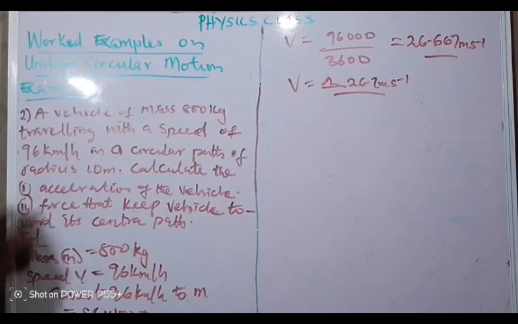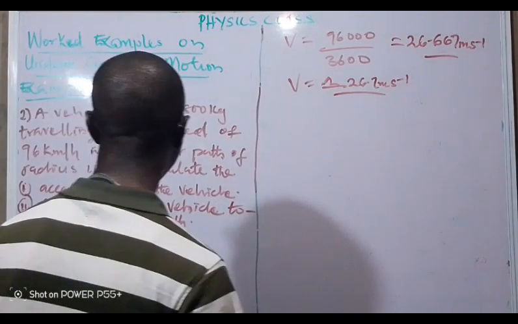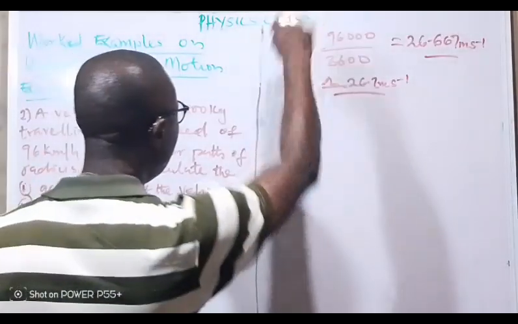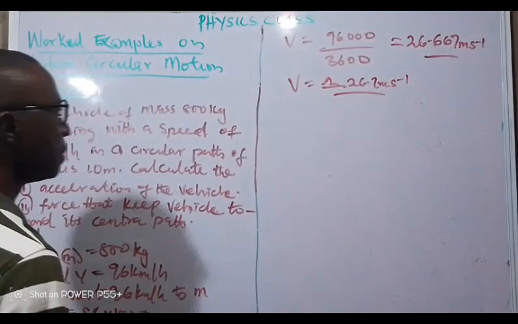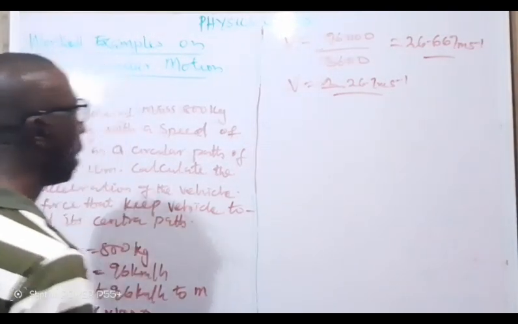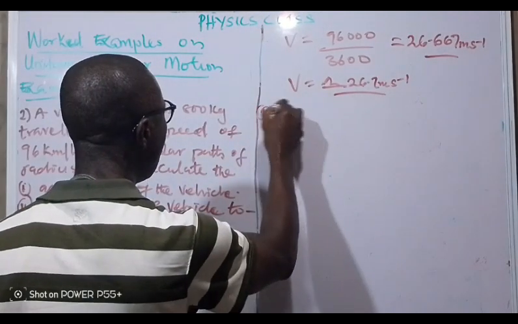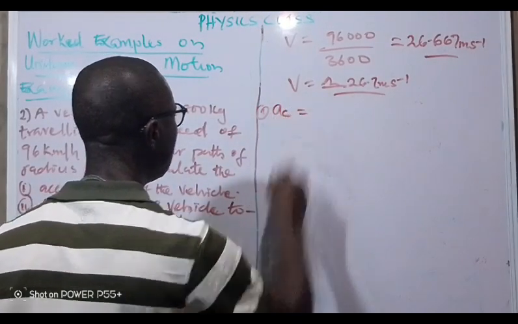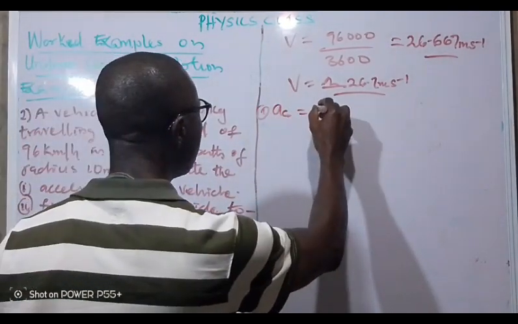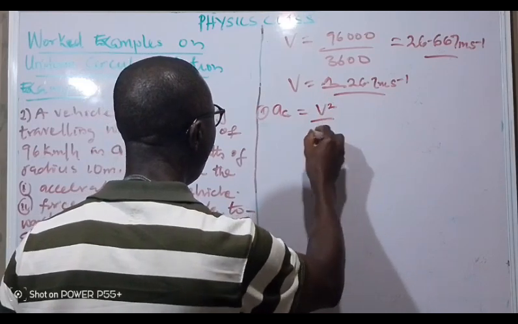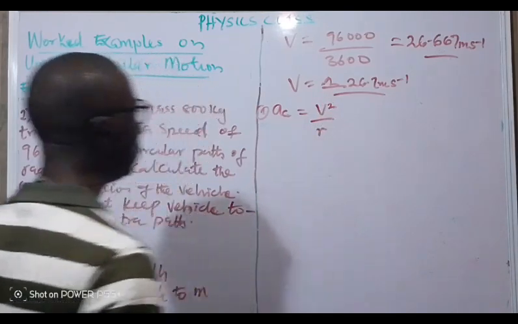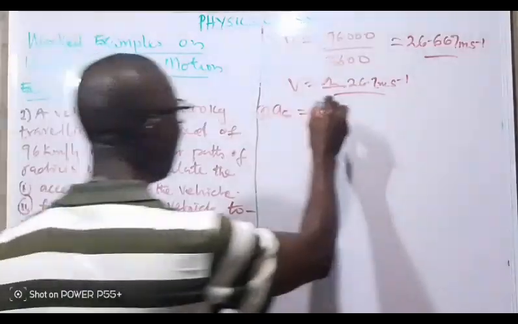The first question says we should calculate acceleration. Don't forget, once it is a circular path, the acceleration is always radial acceleration or centripetal acceleration. So, 1 now. Centripetal acceleration or radial acceleration, the formula remains the same. That's v squared over r. And our v is what?